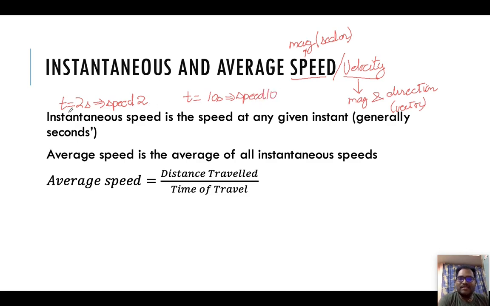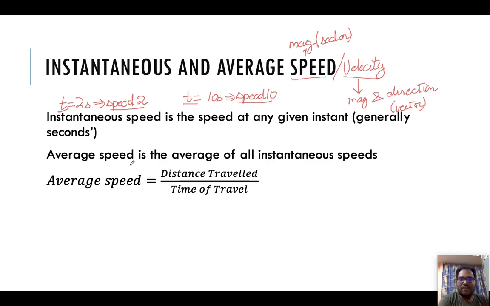So at each and every time step, we are going to have a different value of speed. Sometimes it may be the same, but we are going to have a value of speed at any given instant. That is referred to as instantaneous speed.